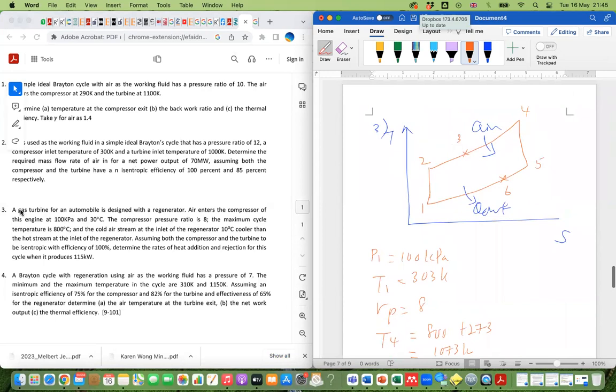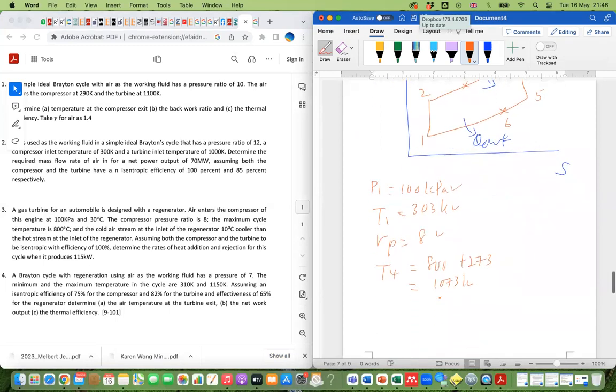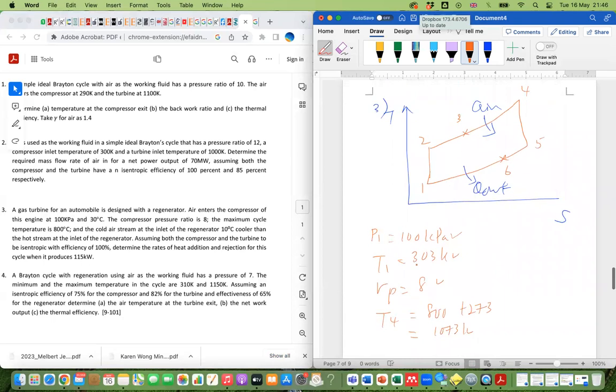Okay, number 3. A gas turbine of an automobile is designed with a regenerator. Air enters the compressor at 100 kilopascal and 30 Celsius. The compressor pressure ratio is 8. The maximum cycle temperature is 800.